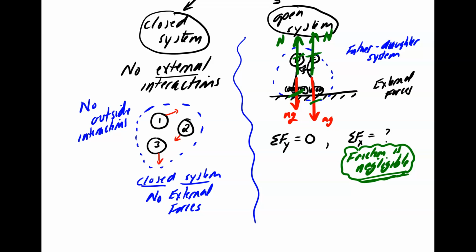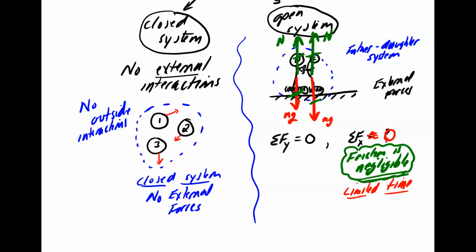And so we're going to say that basically even in the x dimension, the sum of all the outside forces adds up to zero because friction is too small to worry about. Friction is close to zero.